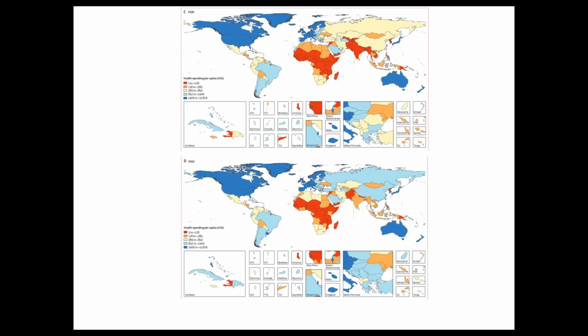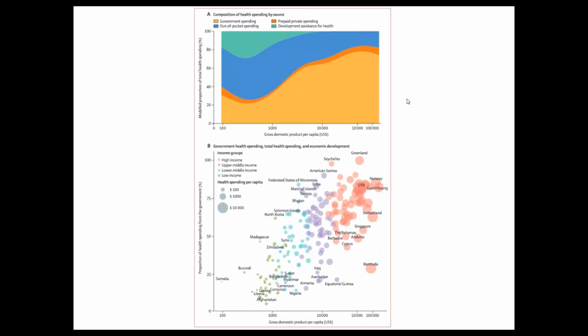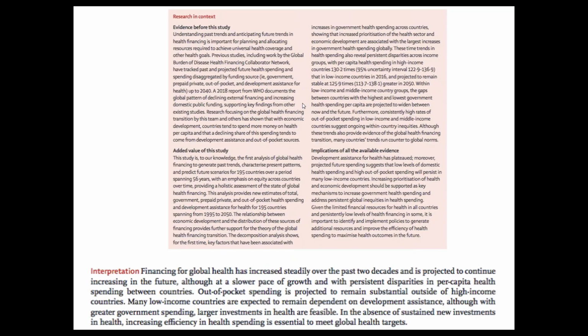And whether or not they can do this without being on the dole from rich countries remains to be seen. Because as we see here, healthcare spending per capita and gross domestic product are highly correlated with a bend in this relationship at about 10,000 and then a substantial incremental increase. And we can see here what's postulated for so-called developing countries and poor countries compared to the ones that are more blessed.